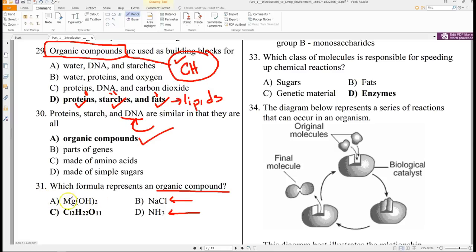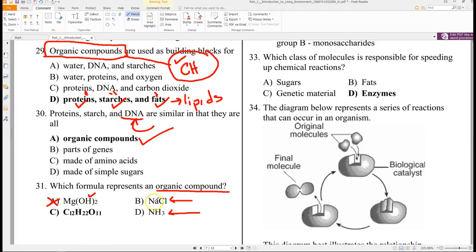Does this compound contain both carbon and hydrogen? This is magnesium, oxygen, hydrogen. Oh, we got one hydrogen, but does it have carbon? No. It needs to have carbon and hydrogen together to be considered organic.